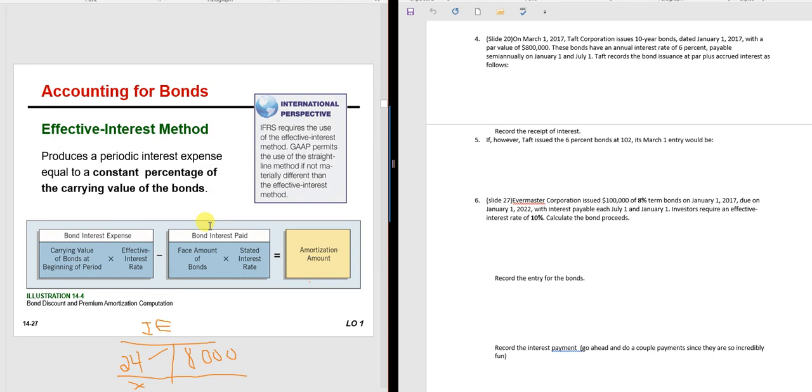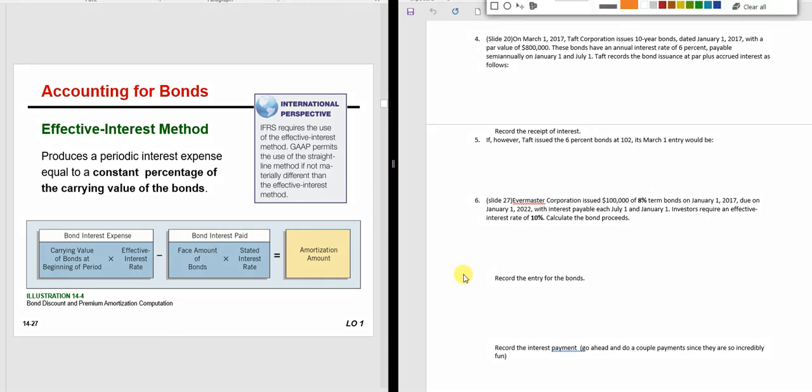Okay, the effective interest method is the next one. Let me pause this. Okay, the effective interest method, what we did was the straight line rate. Under the straight line rate, you simply take the discount, divide it by 12 or 20, however many interest periods, and you get rid of an equal amount. The effective interest rate is actually the more accurate. So notice the IFRS requires the use of the effective interest rate method.